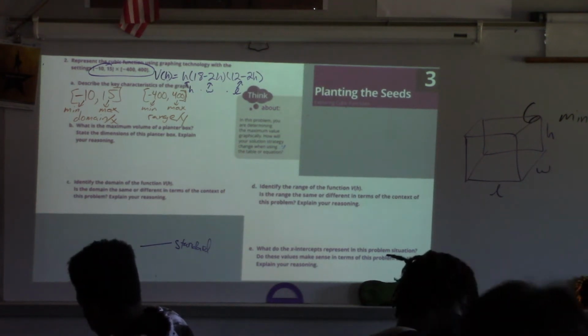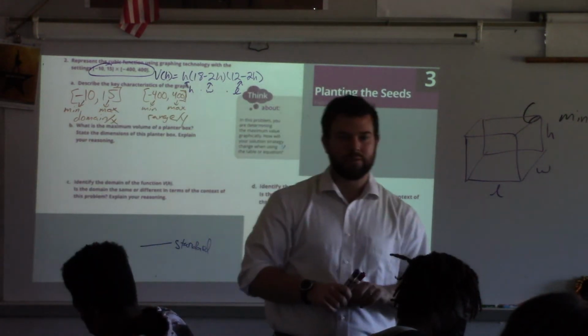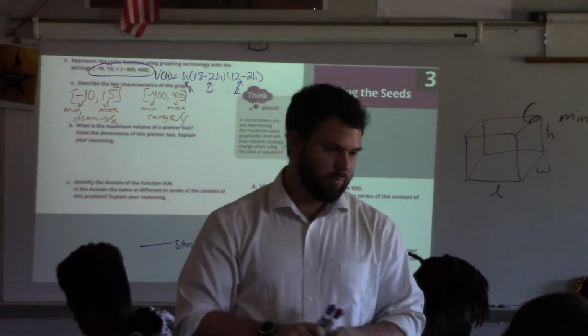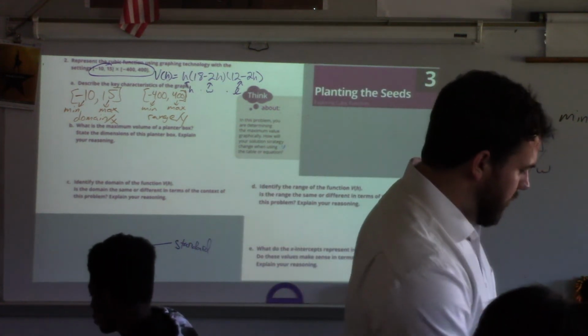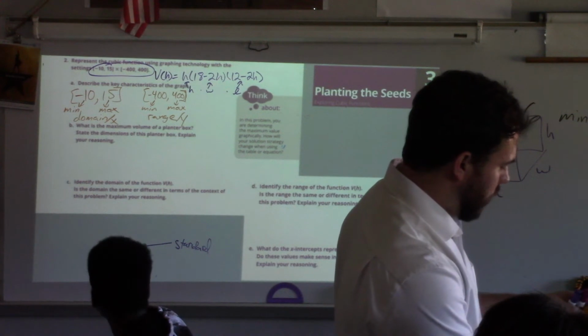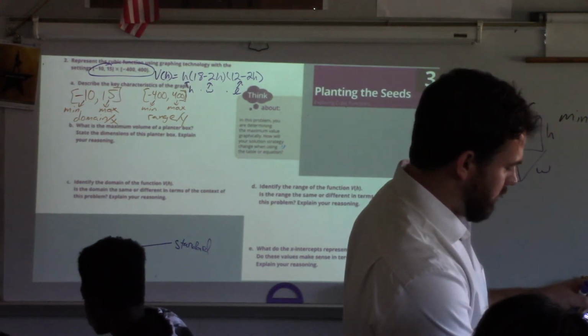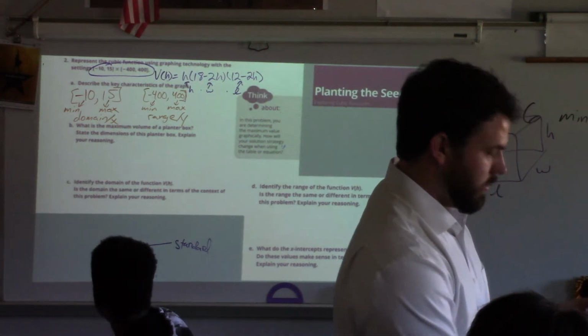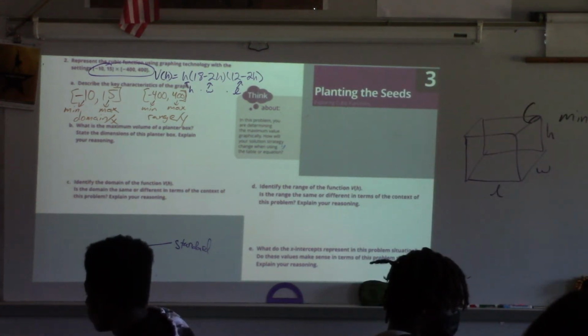Yes, Cameron? I think it's not letting me in. Did you put h or did you put x for your variable? You have to put multiplication between the x and the 18 minus 2x. Okay, yeah, that's fine.